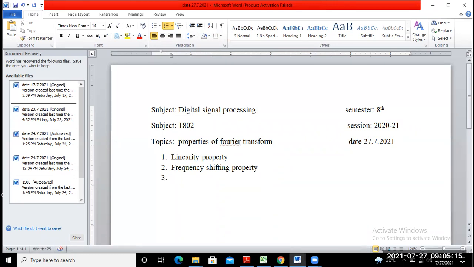Next one is the time differentiation and integration property.